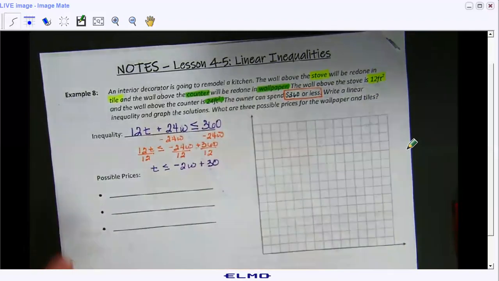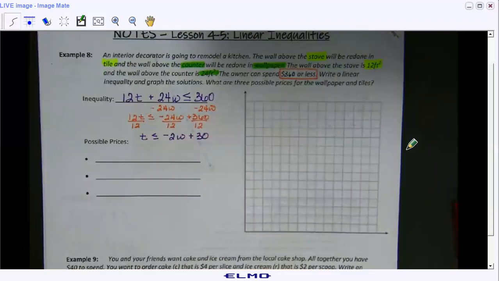And that's what we're going to graph on here. Now, could we have solved for W? Yes. It actually doesn't matter what we solve for. Okay, now we need to graph it. And so we have the confusion of what are our variables? Where do you put them? And does it matter? So now that we've solved for T, it kind of does matter because T is in the place of which variable?